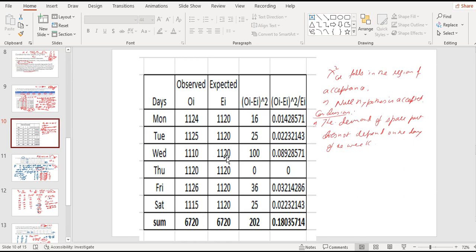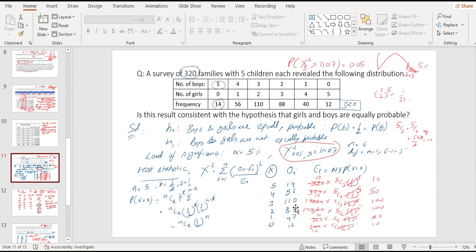We can calculate the expected frequency and hence the chi-square. But sometimes we are given some criteria, like in this case it is given that boys and girls are equally probable. So we need to calculate the probability of getting 1 boy, 2 boys, 5 boys or 0 boys, and we multiply it with the frequency. With this criteria we can calculate the expected frequency.